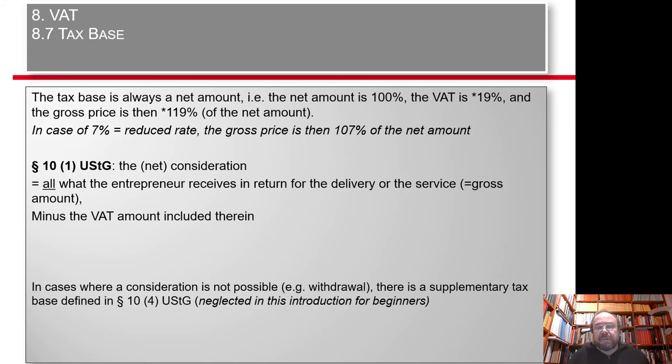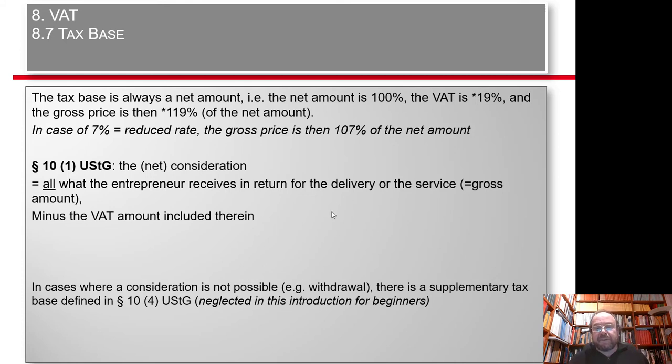The legal rule which regulates that is just 10(1) UStG. The tax base is the net consideration, the net amount which is received, that is all that the entrepreneur receives in return for the delivery or service, which means the gross amount minus the VAT amount included in that gross amount, and that directly leads us to the net amount.